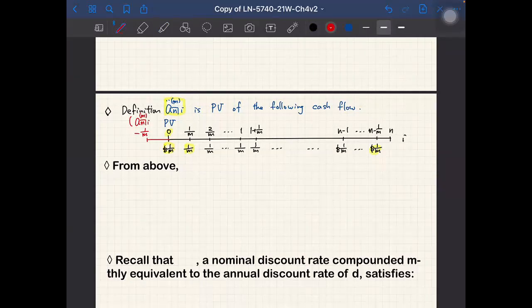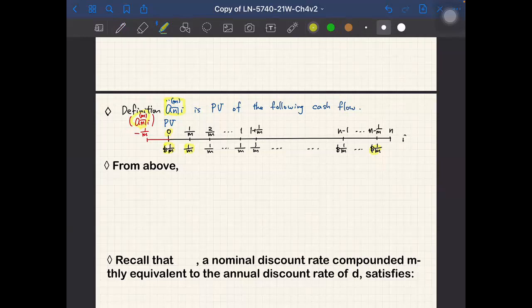n superscript m. So when we think about this kind of annuity, always think about the relative position of the cash flow above the time diagram and below the diagram. So remember that for a angle n superscript m, the first payment starts at 1 over m year after this initial point.